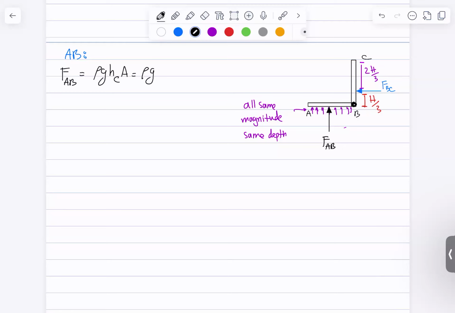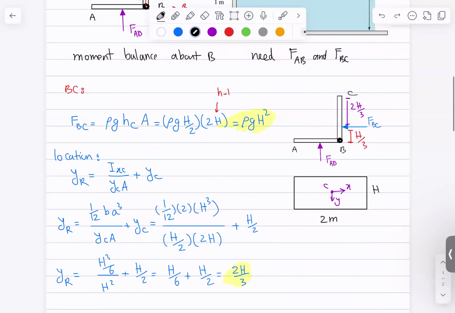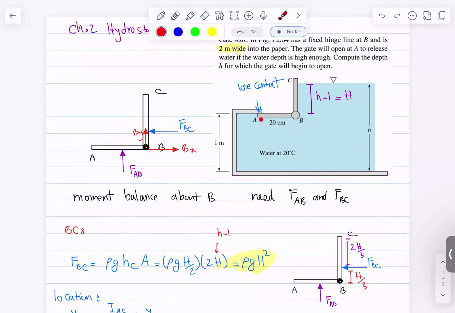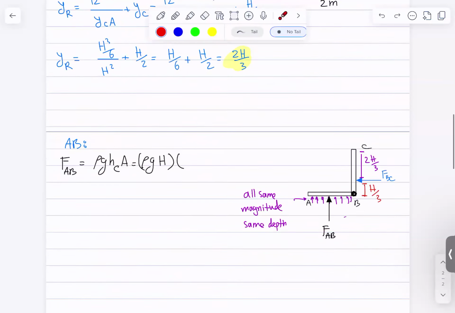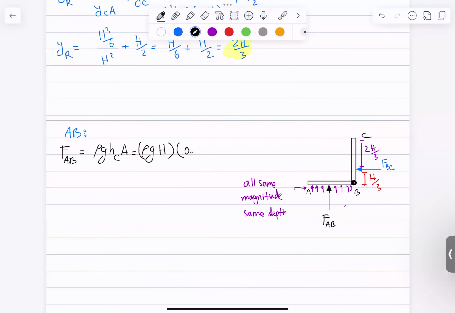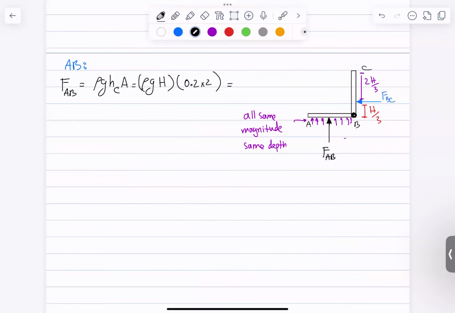What's the depth of that point? Yes, it's h minus 1 or capital H. What's the area? It is 20 centimeters times 2 meters into the paper, right? So that's 0.2 times 2. So this is 0.4 rho g H. This is the magnitude that we're going to need.